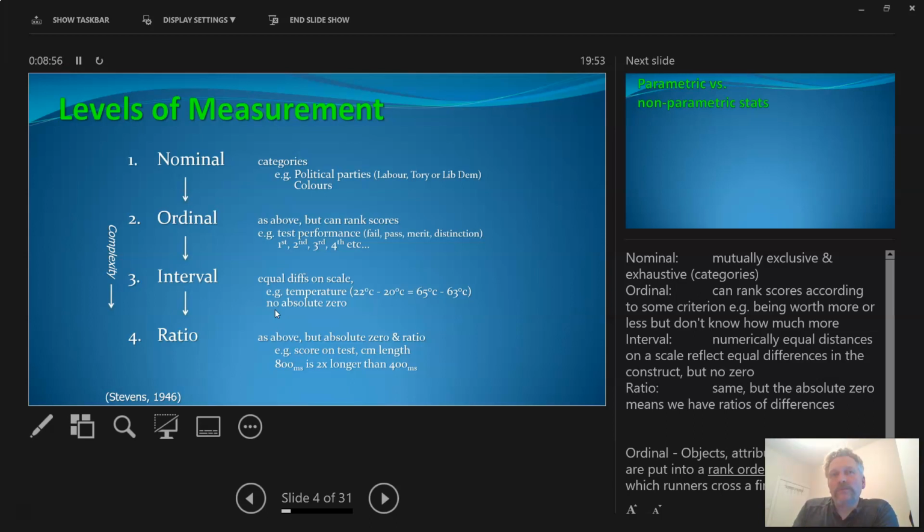If we did want to be able to rank the levels of a variable, the different types of outcomes, then we would need to step up into a degree of complexity. And we can do this with ordinal level measures, which again reflect discrete, simple categories.